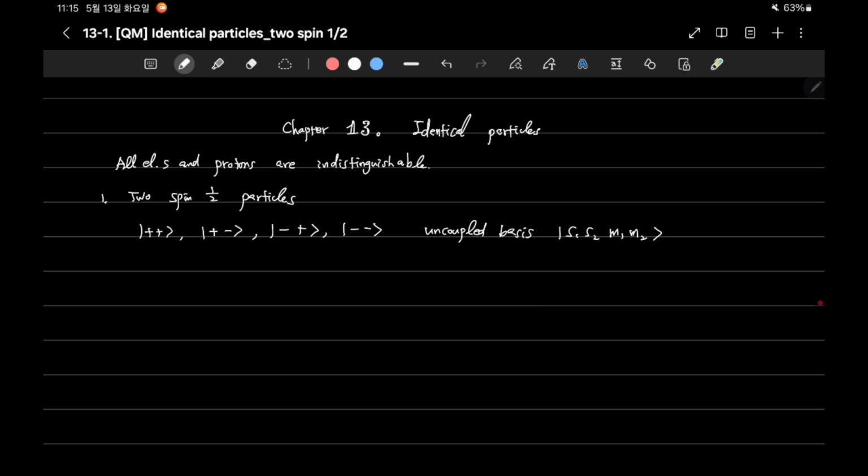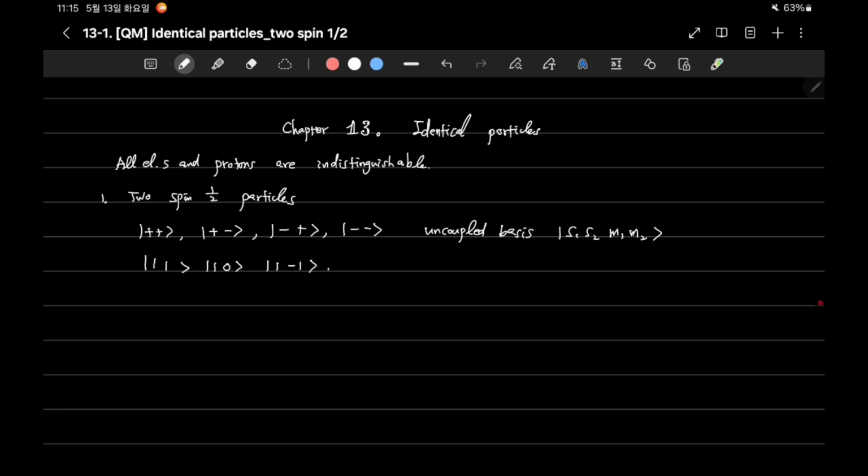In the coupled basis, there are four kinds. One is the total spin S equal to 1 case, which has three possibilities: 1, 1; 1, 0; and 1, minus 1.